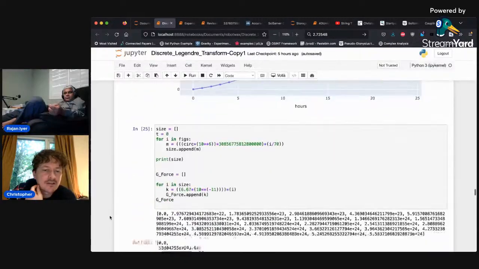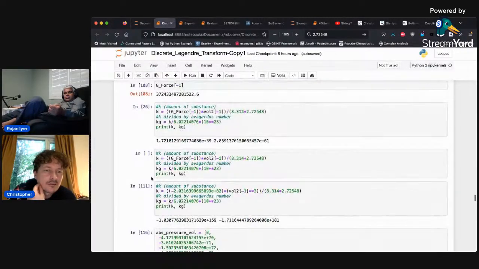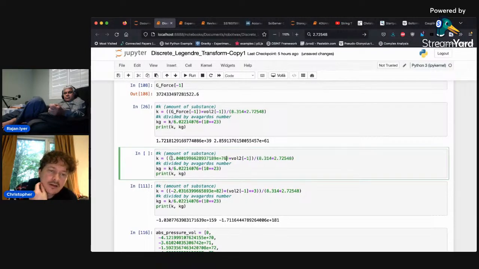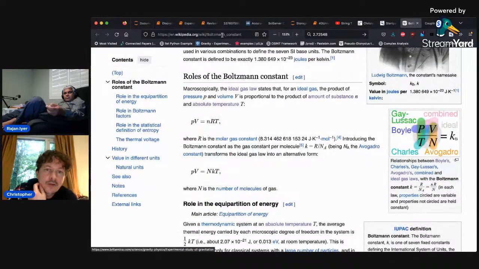I guess it makes sense to use the surface area pressure, so we'll just put that in there, times the volume, divided by this number and this number, whatever that is.